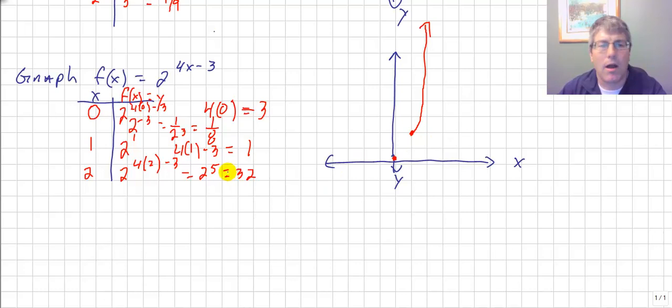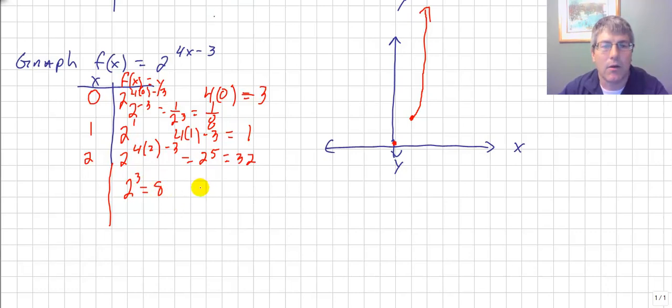So how are we going to get more points? It would be nice to have a clean output. We've had 2 to the first. Would it be nice to have 2 to the third power? I'm kind of working backwards here. If we want 2 to the third, or 8, we have to force our x value. We want 4x minus 3 to equal 3, because we want an output of 8.